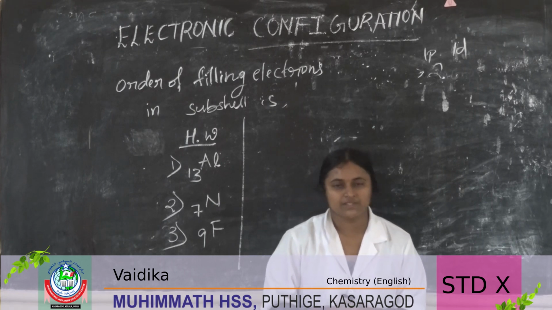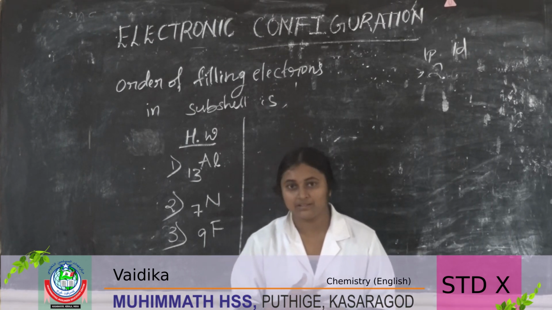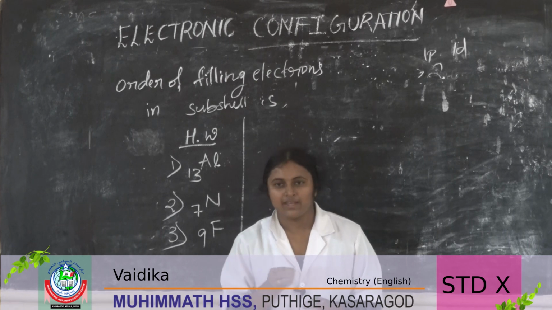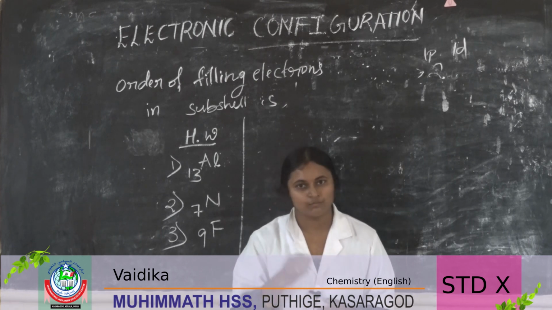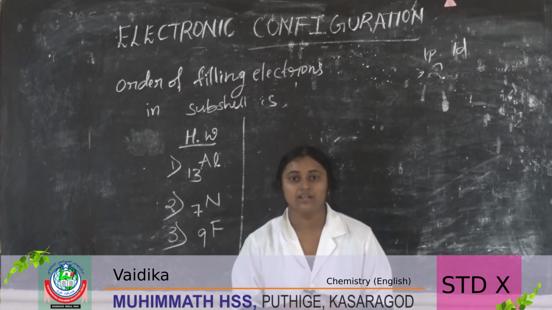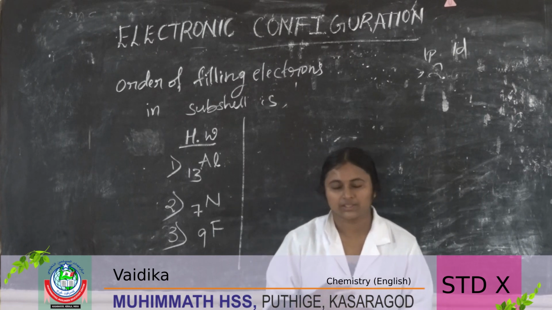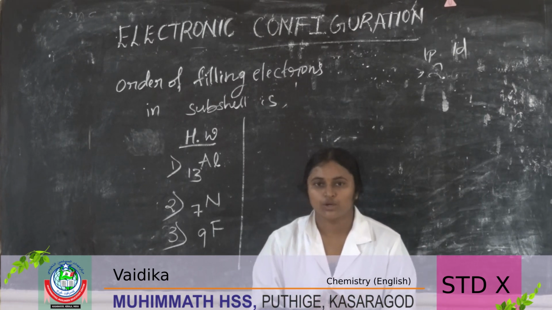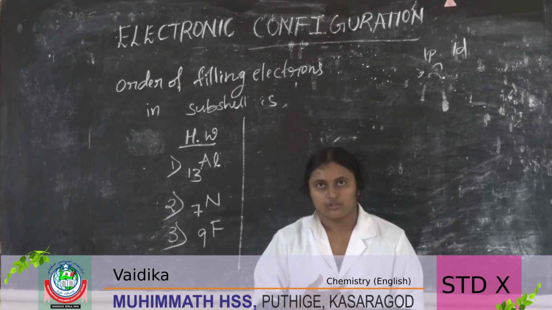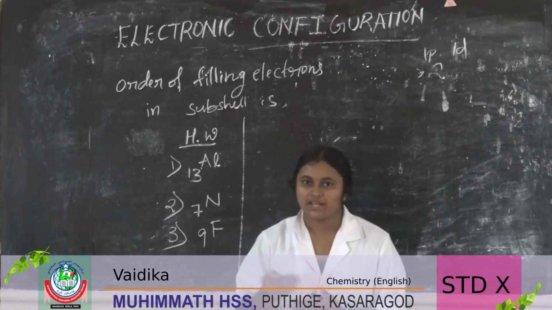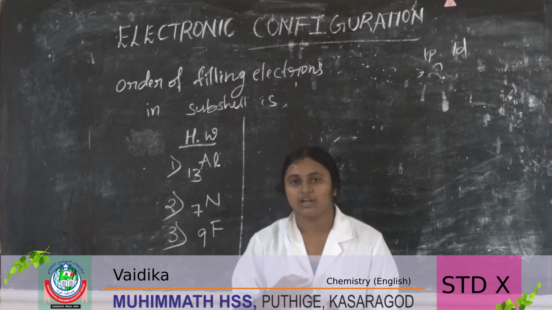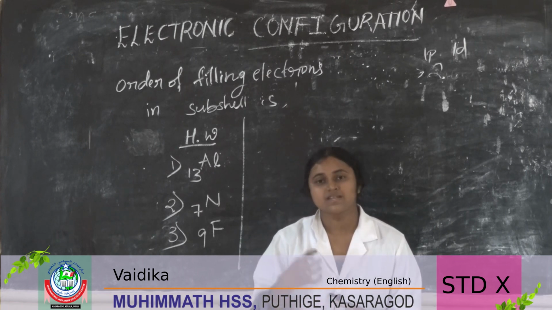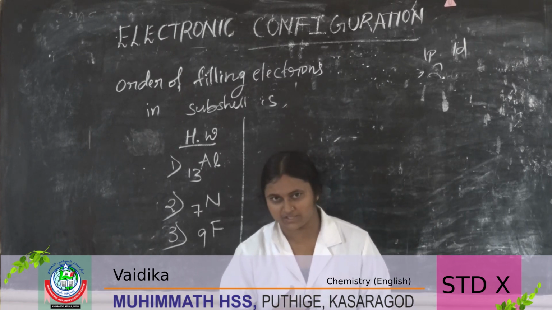After studying the Bohr model, we have a disadvantage in the Bohr model, that we can't write the true electronic configuration of potassium. So it was overcome by the subshell electronic configuration, right? Now you learned to write the subshell electronic configuration.